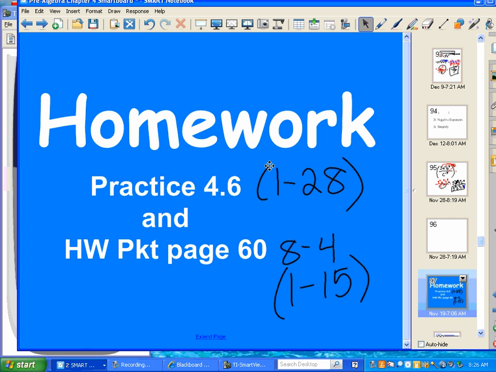Yes. 8-4. Make sure you guys do it in your notebook on a separate sheet of paper. Charles, number 1 on 8-4? Is that what you're asking me about? Oh, on the easy ones, you don't need to show your work. Alyssa was just asking about ones like this. Use a separate sheet of paper for problems like this.